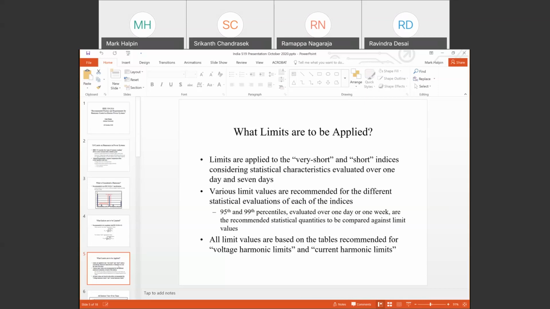That's not what's in 519. We need a day and a week. And we typically will use 95th and 99th percentiles. So we've seen what the basic harmonic quantity is. That's the number that comes out of the 12-cycle window.